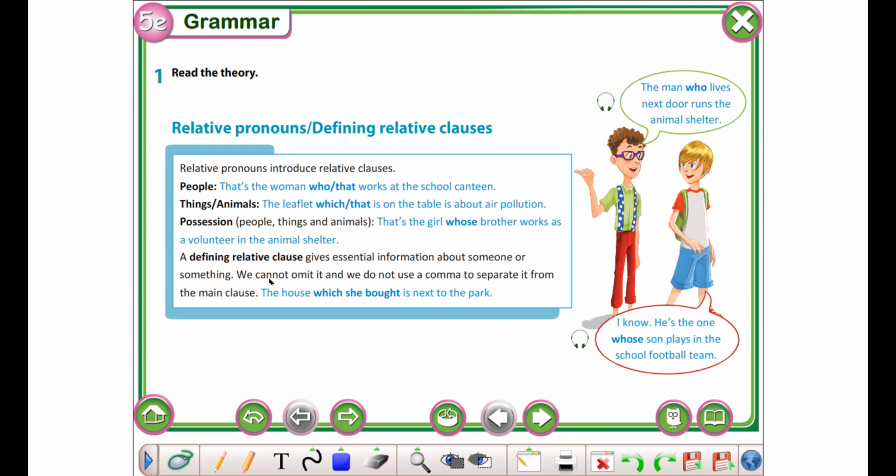It's quite easy. If you cannot omit the pronoun and if there is no comma to separate it from the main clause, it must be a defining relative clause. The house, for example, which is bought, is next to the park.